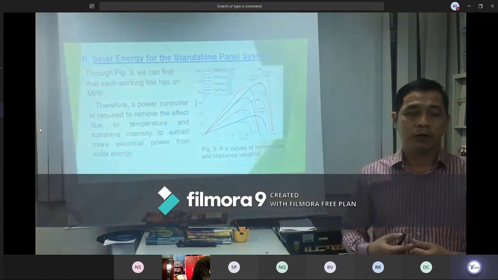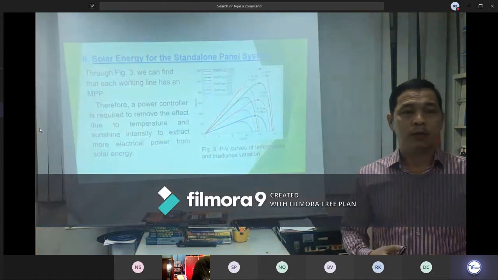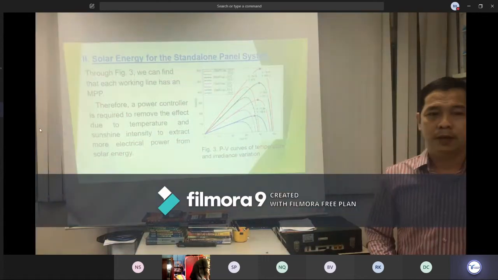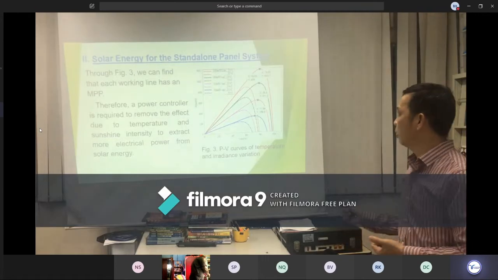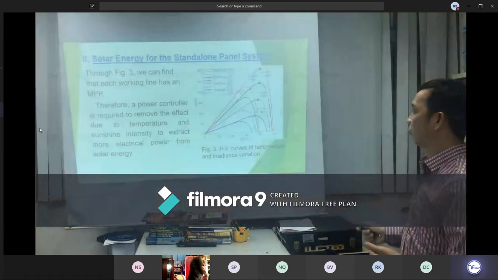Picture 3 illustrates the PV curve for several different environmental conditions, where each working curve has a maximum power.